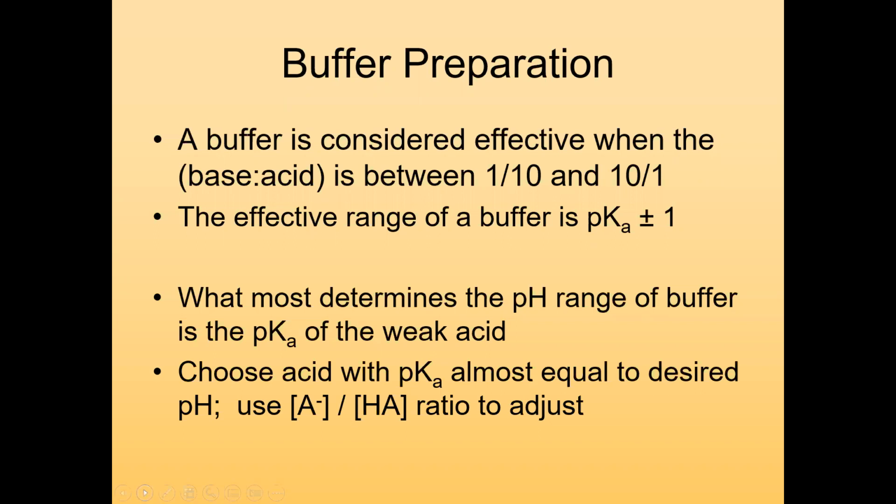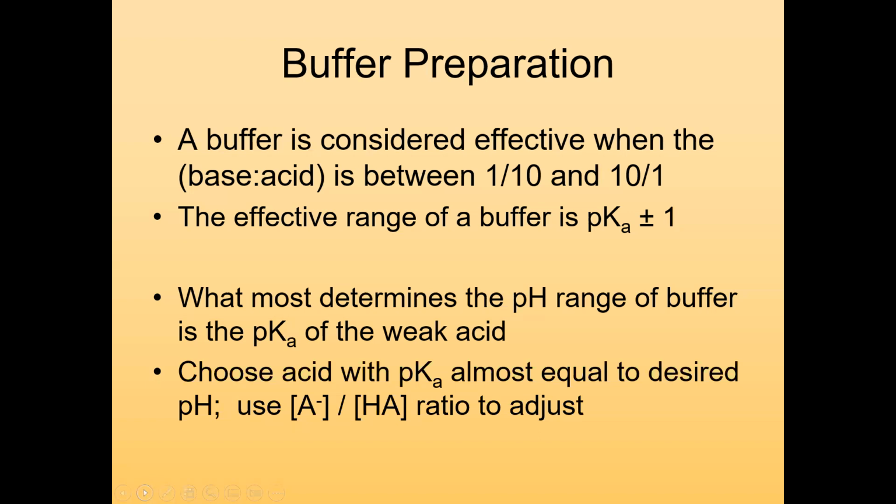And we can use the ratio of base to acid to adjust. So if we want a pH exactly equal to 5, we can pick a weak acid whose pKa is close to 5, and then either include more base or more acid to alter that pH overall.